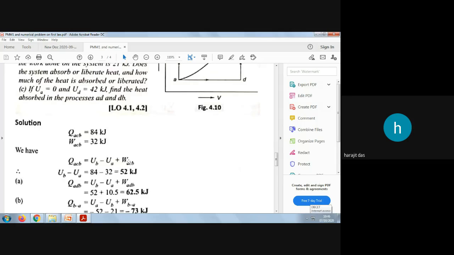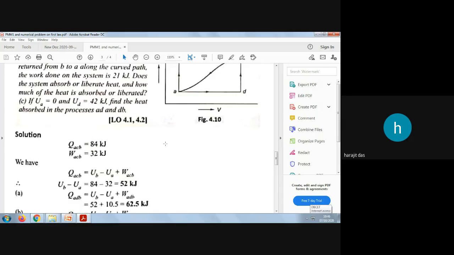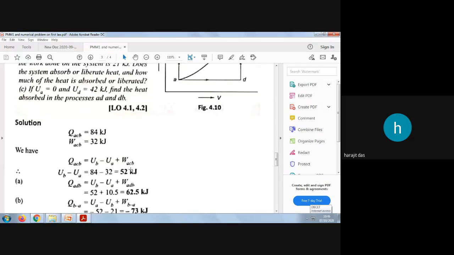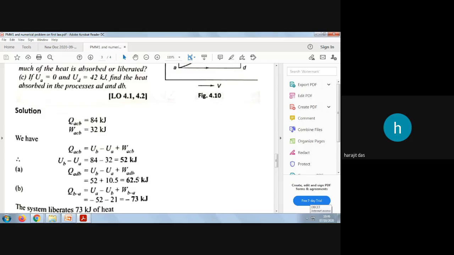UB minus UA, I have told you, is constant between these 2 points whatever path you follow, so it will be 52. So this is 62.5, positive. It means we are supplying some heat to the system, because it is positive. By sign convention you can conclude that.